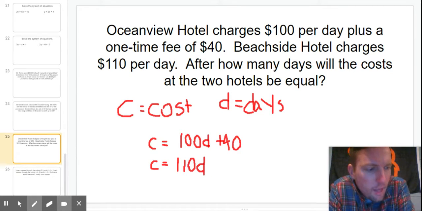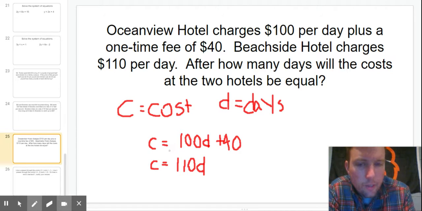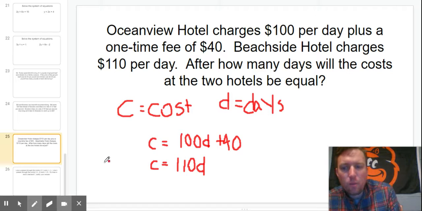I'm going to use the substitution method to solve this. The second equation tells me that C equals 110 times D. So I can plug it into this equation.